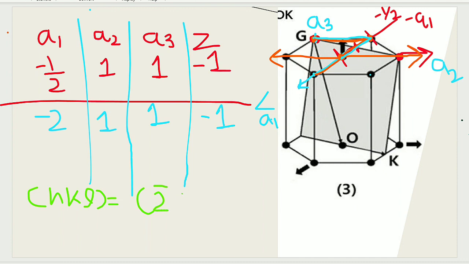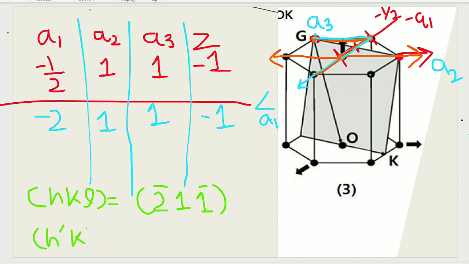K is the index that you get for a2, which is 1 here, so 1. Then we have L, which is the index that you get for the z-axis, which is -1, so 1 with the bar over it.